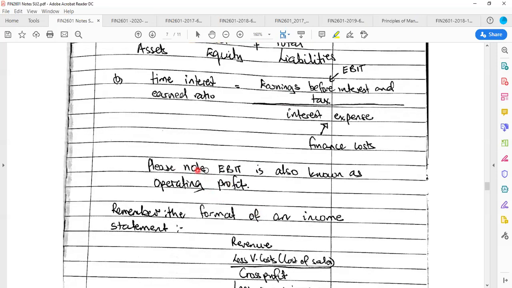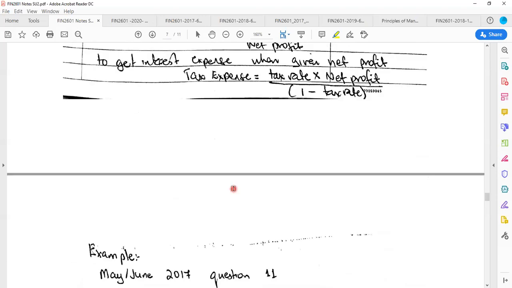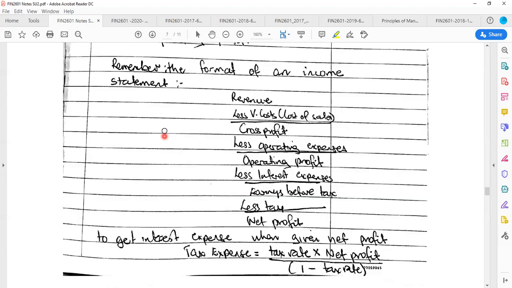And remember, EBIT is also known as the operating profit. So when you're using this ratio, you need to remember the basic format of an income statement. We take our revenue, then subtract the variable costs, also known as the cost of sales, and we get the gross profit.